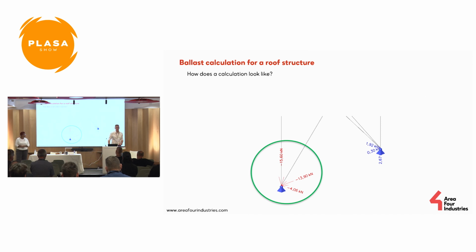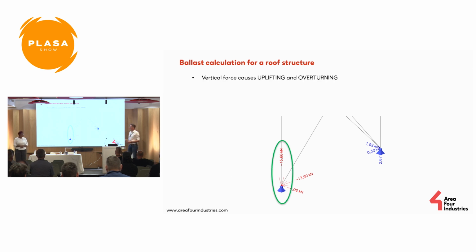So when you now want to calculate how much ballast you need in that front base, we have these three different forces. There's 15.6 kilonewton lifting up, 13.9 pushing to the back, and 4.06 to the side. Let's have a look at the uplifting part. We have to put some ballast there to make it heavier, at least the same amount as the uplifting force.